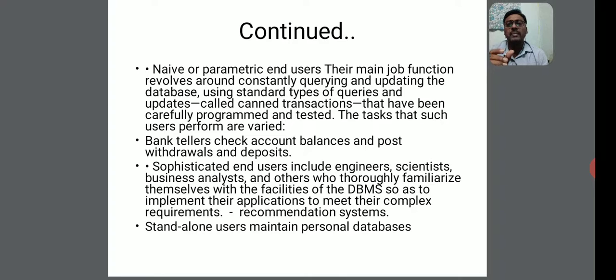We call them canned transactions. We write a program, a fixed set of instructions, one for withdrawal and one for deposit. This set of programs is accessed by these parametric end users. We call such steps together canned transactions.